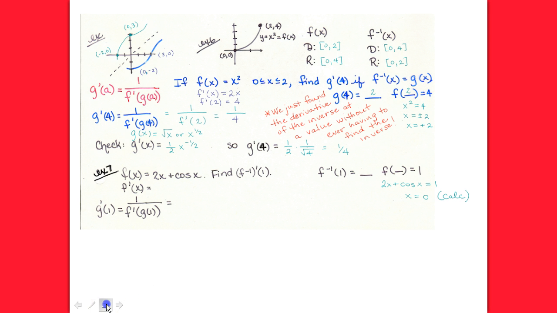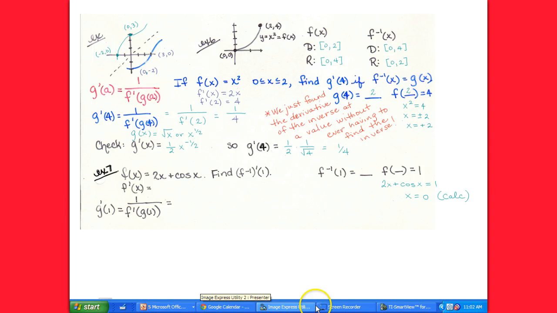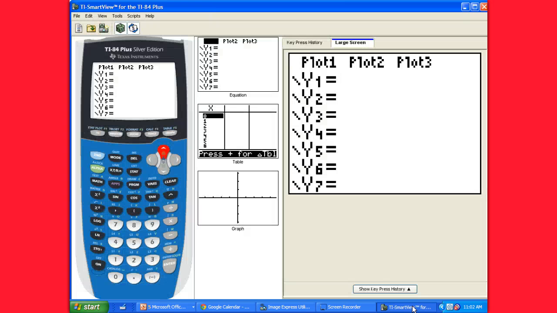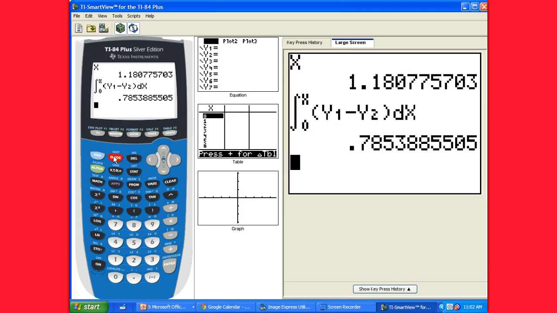And I'm going to do that on my calculator. So grab your graphing calculator if you would. All right, so we've got 2x plus cosine x is equal to 1. First off, what mode do we need to be in? Radian. So check and make sure that you are in radian mode.